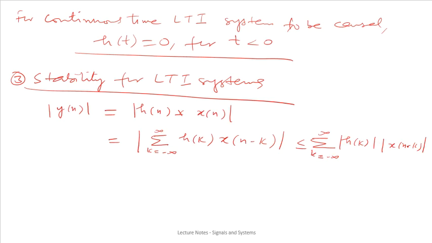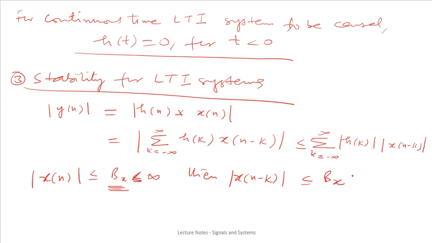Now let us assume that this input is a bounded input. That means x[n] has a magnitude less than infinity, some positive value, say B_x. Then if this is bounded, x[n minus k] will also be less than or equal to that value.